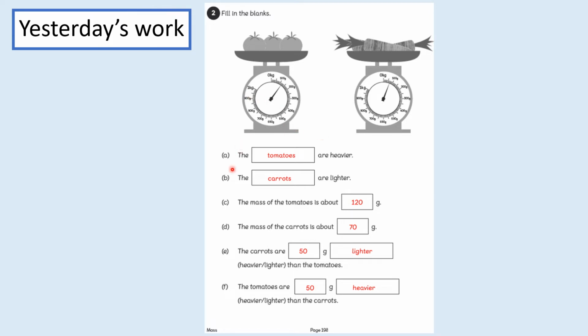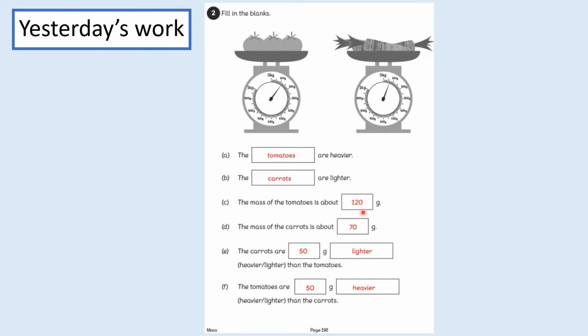So question A, we should have got the tomatoes are heavier, and we can see that straight away because over here the pointer has gone past that 100 gram mark, and with the carrots it is pointing at a number before the 100 gram mark. So the tomatoes are heavier. Question B, we should have got the carrots are lighter. Question C, the mass of the tomatoes is about 120 grams.